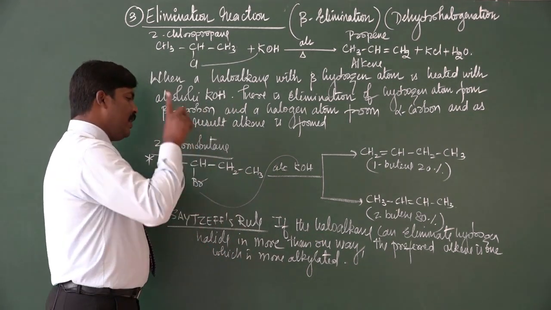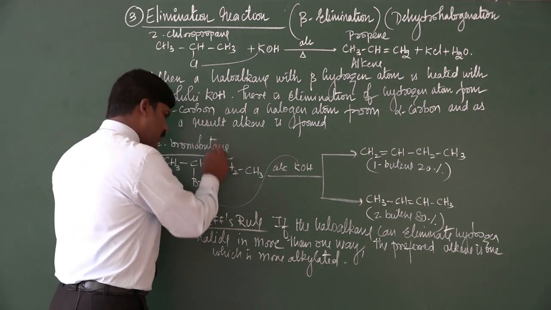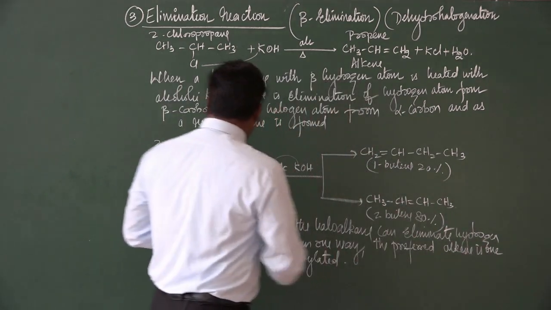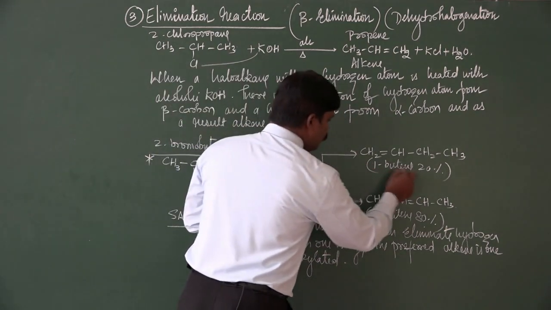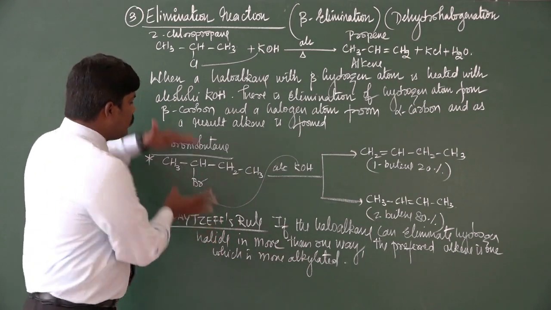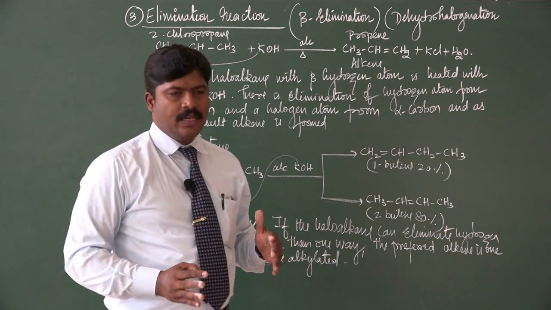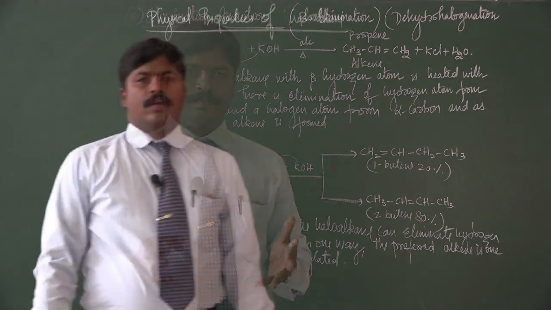Saytzeff says the product will be more alkylated if you remove the hydrogen from the third carbon, that is 2-butene, 80%. You can also remove from the first carbon, that is 1-butene, 20% product. Of course, this idea was governed by Saytzeff rule, and this completes the 3 types of reactions.